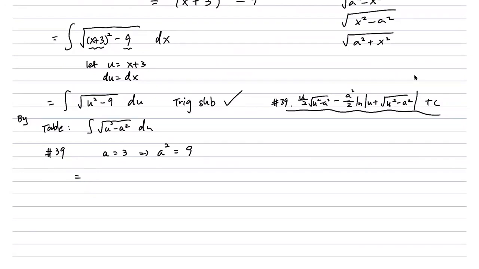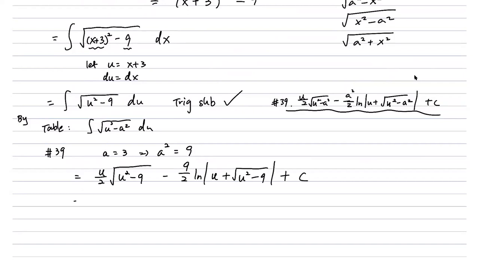So that's going to be u over 2 radical u squared minus 9, minus 9 over 2 natural log of u plus radical u squared minus 9, and then plus c.